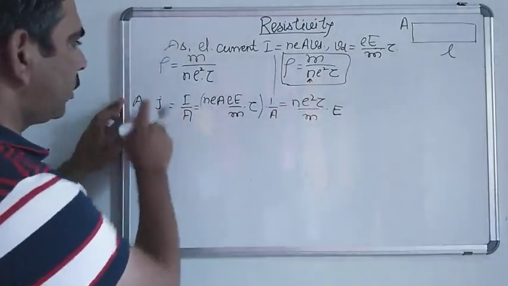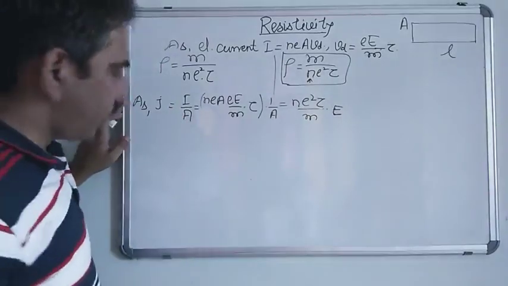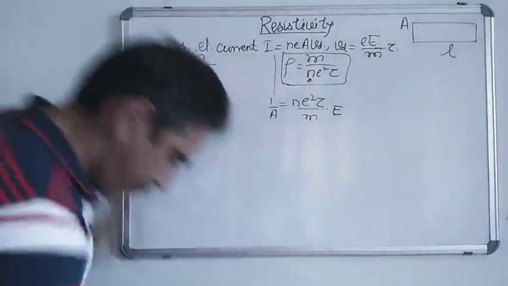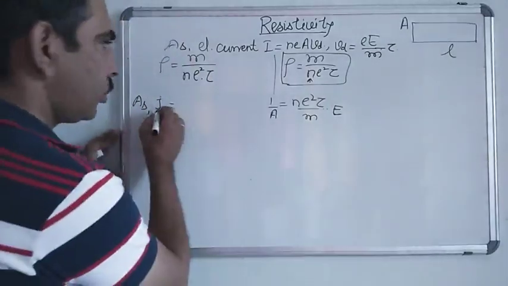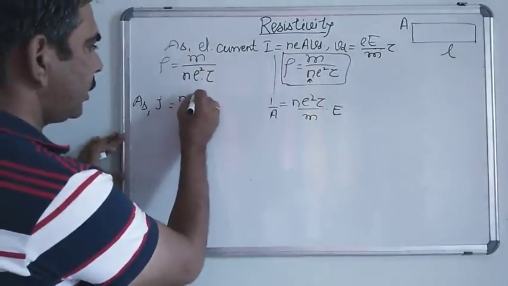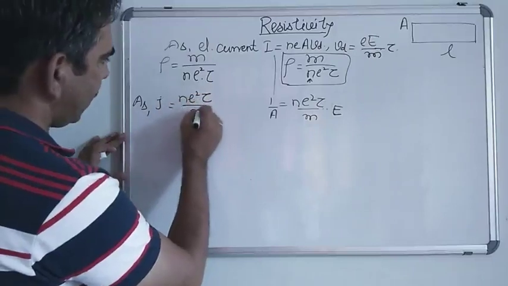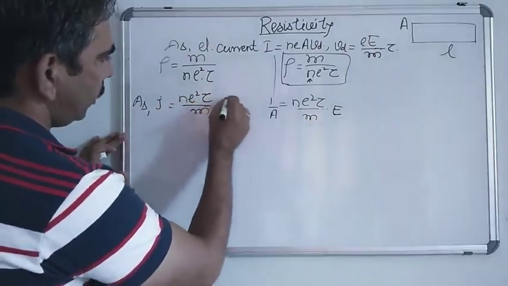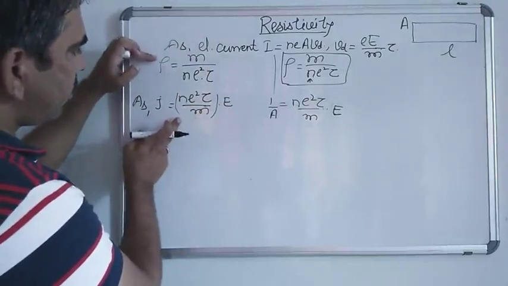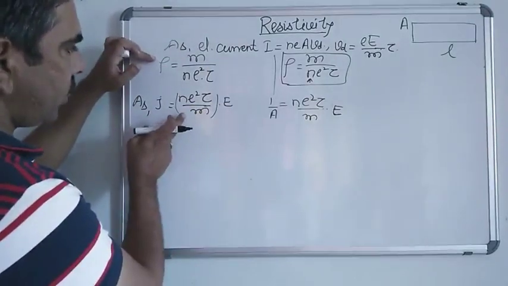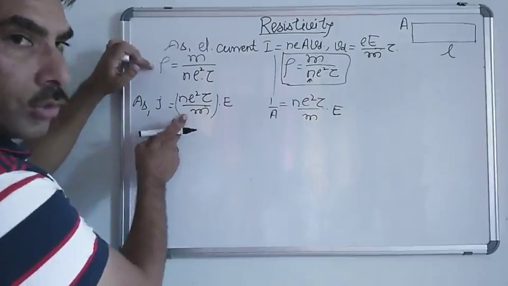If we compare these two expressions carefully, J is nothing but n e square tau upon m into E. So this term represents 1 upon rho.